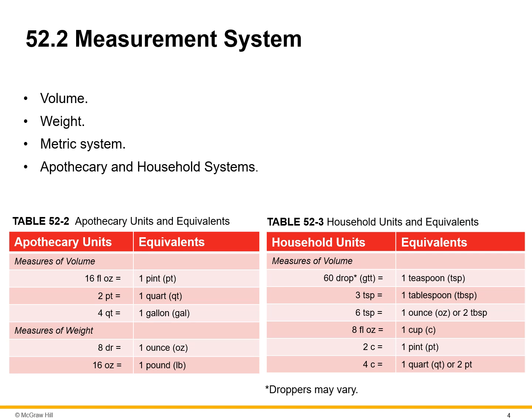In the metric system, measurements are based on multiples of 10. Okay? You have liters, and liters are used to measure volume. Grams are used to measure weight.